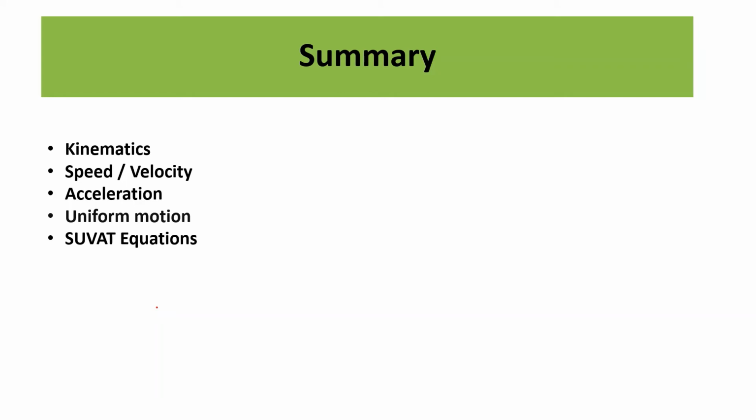In acceleration, we discussed zero acceleration and constant acceleration. Then we learned about uniform motion. In uniform motion, we understood that the object travels with uniform speed. Finally, we learned the equations of motion or SUVAT equations.